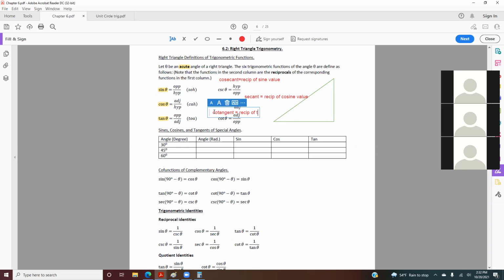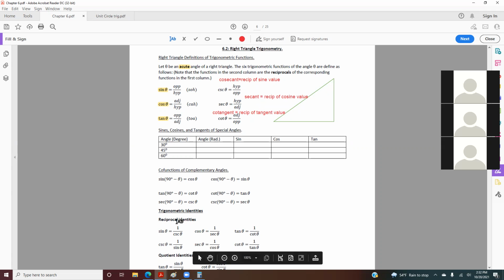So these are the 6 functions we have. In trigonometry, we only have 6. If you know sine, cosine, tangent, you should know cosecant, secant, and cotangent. You just need to take the reciprocal, flip the values. The short form for cosecant is CSC, for secant is SEC, and for cotangent is COT.